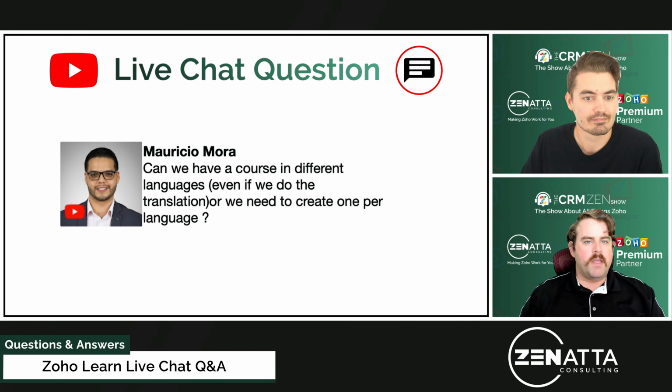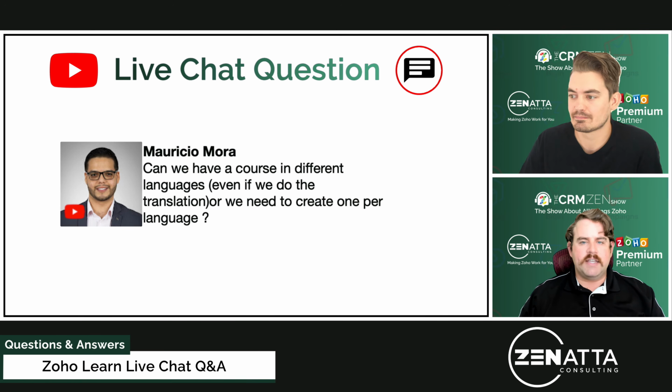Yeah, right on. Mauricio again, can we have a course in different languages, even if we do the translation, or do we need to create one per language? I'm not familiar with any native translation settings inside of Learn.